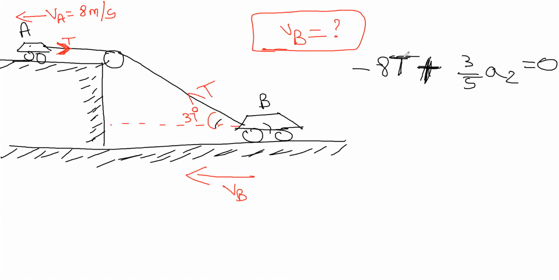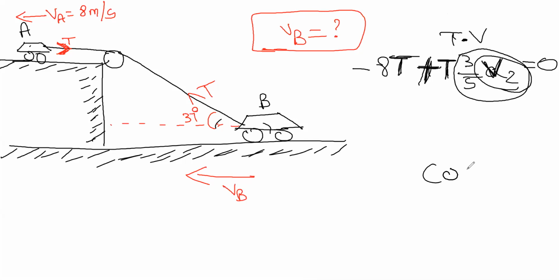How to eliminate T? Here it is T into V2, we are calculating velocities. There is tension in this, T into 3 by 5 V2, right? What is cos 37? It's 3 by 5.